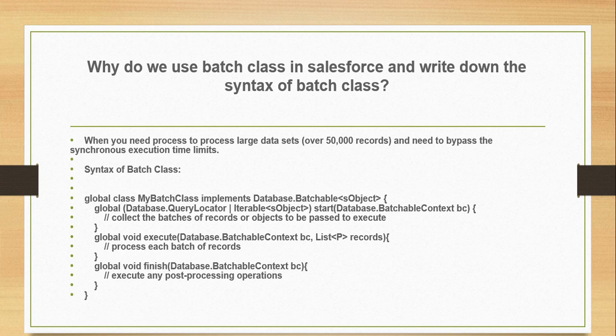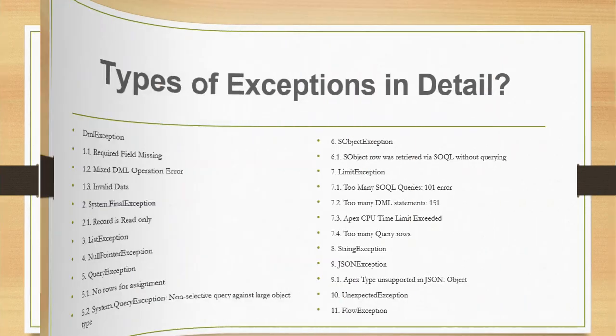Here the execute method is global void execute(Database.BatchableContext bc, List<P> records), where the list can be of accounts, custom objects plus standard objects like account, contact, lead, whichever records you fetch, and process a batch of records. Then global void finish(Database.BatchableContext bc) executes any post-processing operations.